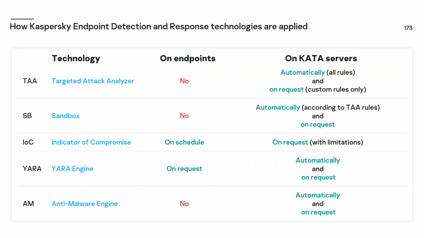Now, with that being said, the EDR technologies are going to be applied primarily automatically, right? With the exception of things like Yara rules and IOCs. You can see that it says on request or on schedule. Basically, what this means is that by default, we do not provide any further custom IOCs or Yara rules as part of the system.